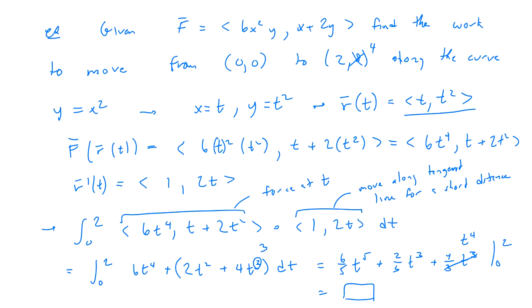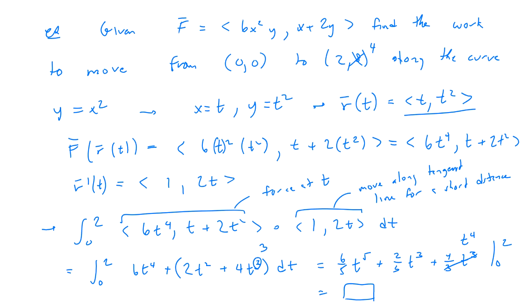So here's the basic one: you're given a vector function, you're given a path with a parameterization, and we want to find this line integral, which in this case is work, but in other cases could mean something different. A couple things.